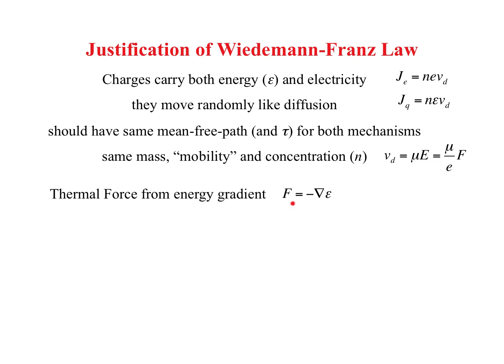Because a force arises from a gradient in energy, we can show that the thermal force arises from the gradient in thermal or kinetic energy. Using the chain rule, we change the gradient in thermal energy into the temperature derivative of energy times the temperature gradient. Now we recognize that the derivative of thermal energy with respect to temperature is the heat capacity.